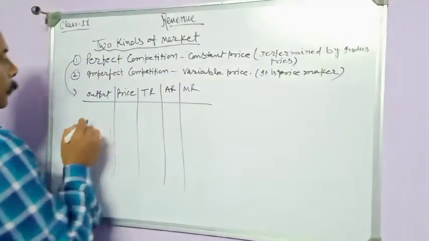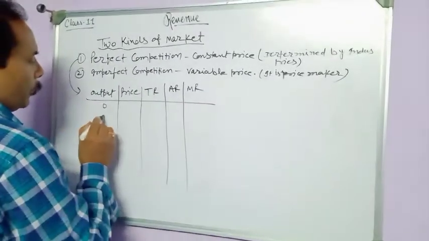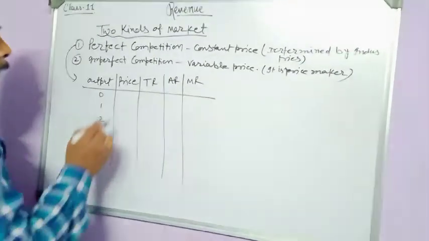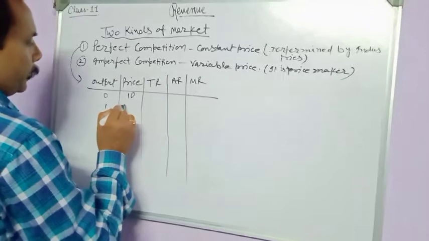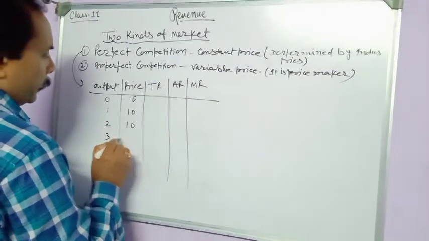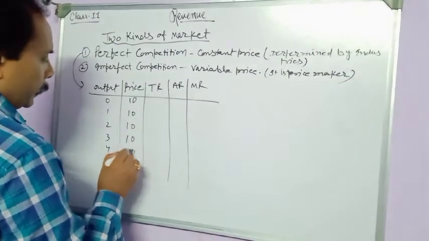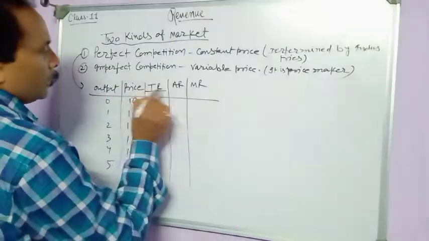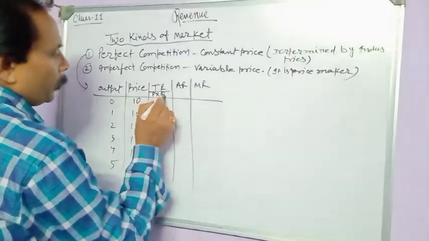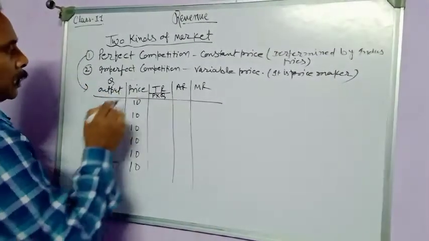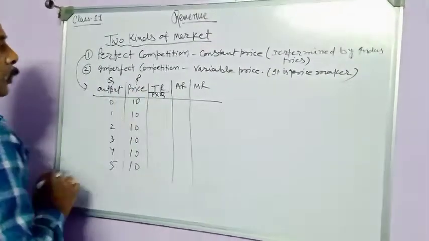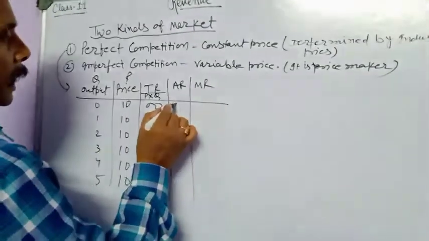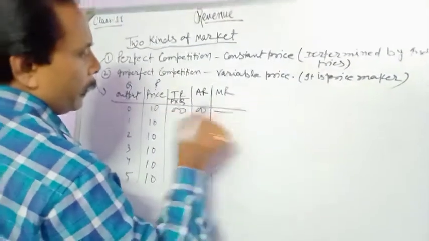So output, suppose 0, 1, 2, 3, 4, 5. Price is, suppose, 10, 10, 10, 10, 10, 10. So what will be the TR? TR is equal to P into Q. Here it is 0, so AR also will be 0 and MR is nothing.